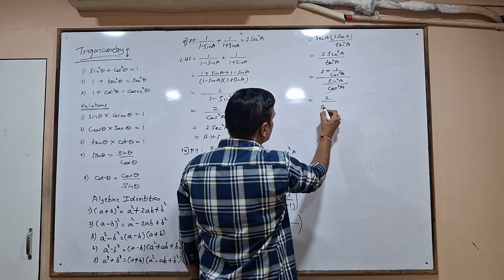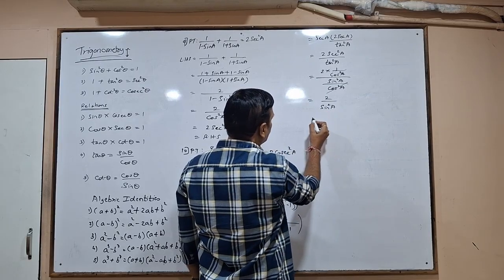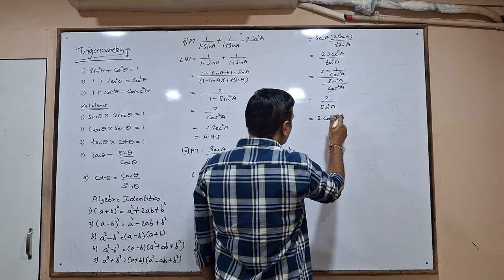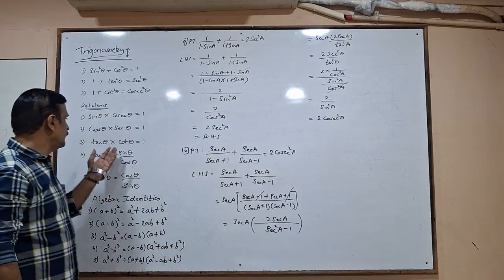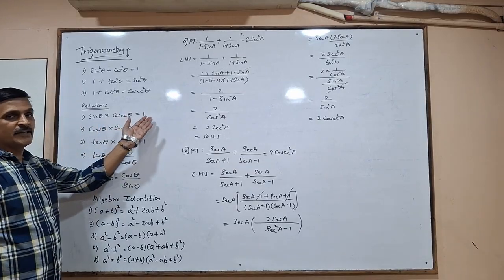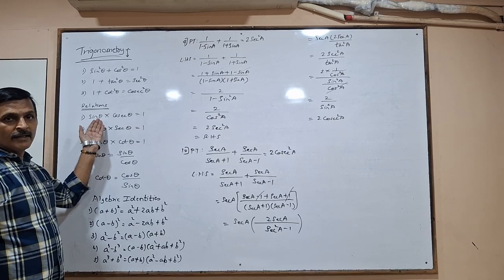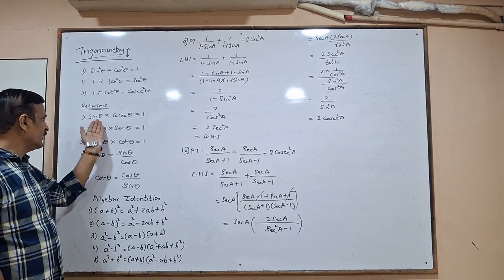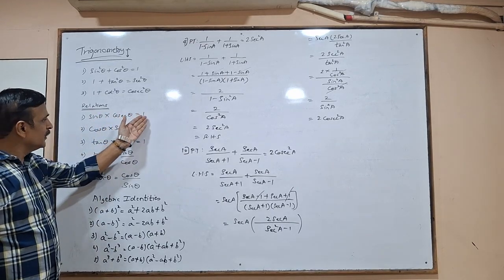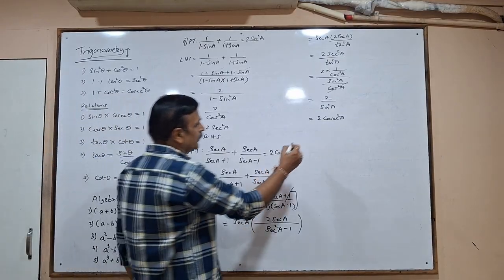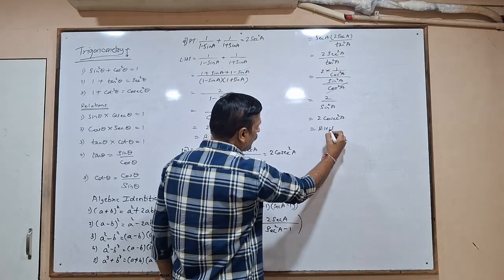What remains is 2 upon sine square A, which is 2 cosec square A. This result again, it is written sine into cosec is 1. So 1 upon cosec will be sine, or 1 upon sine will be cosec. Similarly, 1 upon sine square will be cosec square, which gives our RHS.